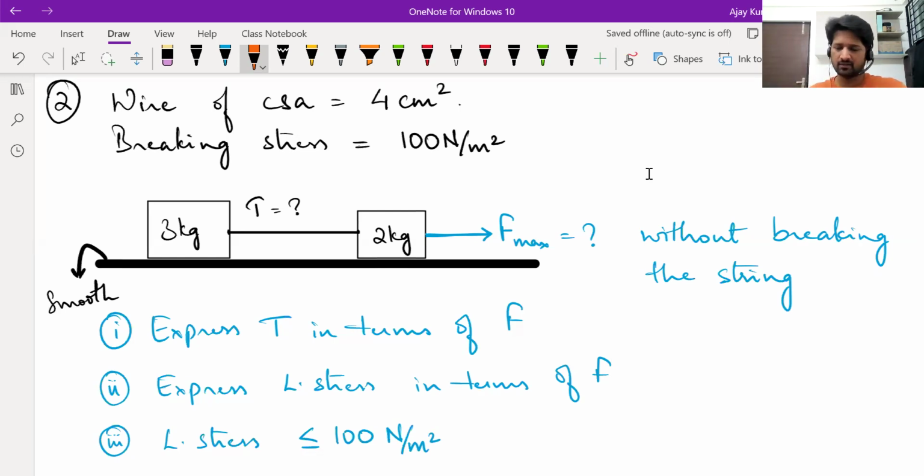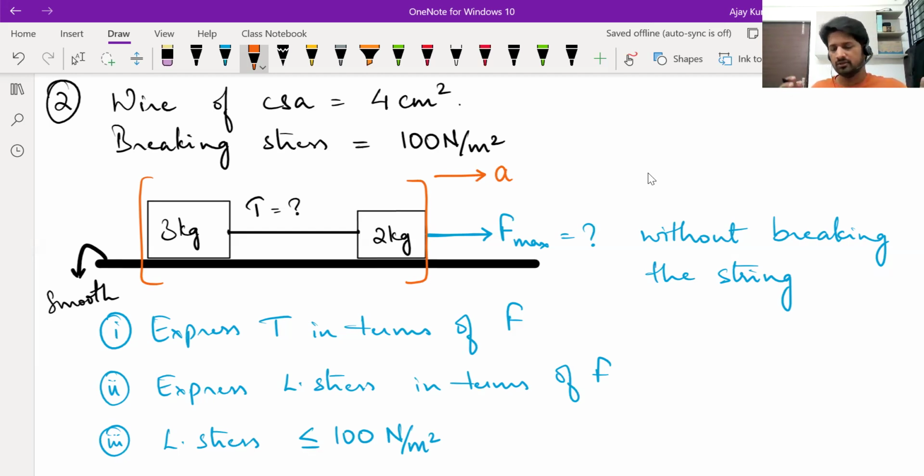The string is already taut. So what will happen when you apply a force, the 3 kg and 2 kg will move together with a common acceleration. Now, why am I talking about acceleration? Our aim is to derive tension. Tension is a force. If you want to calculate a force, you need to know the acceleration of the object on which the force is acting.